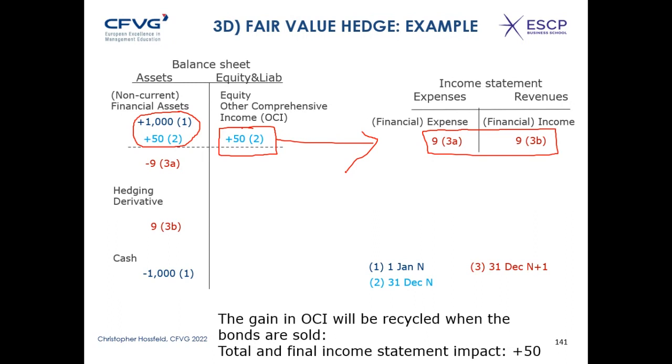In other words, the profit that I made in the first year is saved because of the hedge, and this profit then will hit the income statement when I sell the bonds, or when they come to maturity. So I can use hedge accounting not only to avoid losses, but here to secure a gain, basically, because overall we don't have a loss, but we will have a gain.